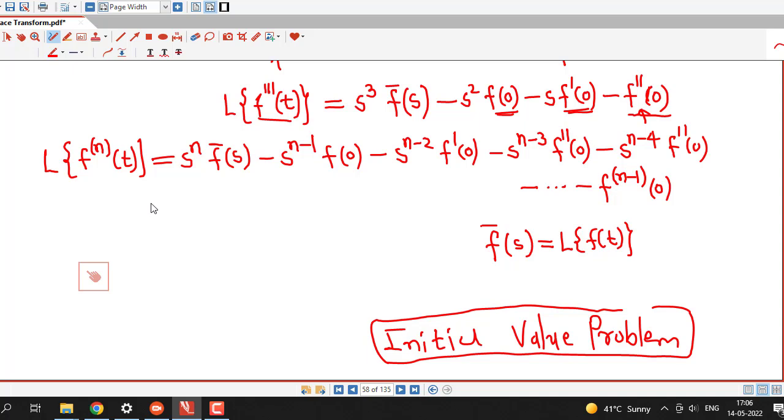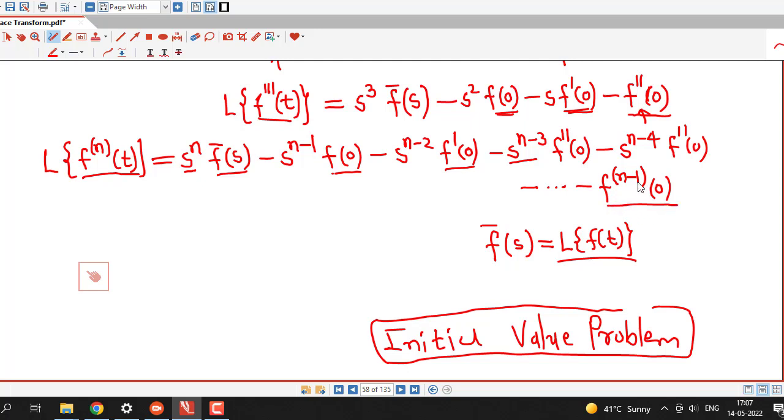So you should remember this formula, and here you should write that suppose our function is differentiable n times, and suppose the Laplace transform of f exists, then the Laplace transform of the nth order derivative of f is given by s raised to n times f bar s, which is the Laplace transform of f of t, minus s raised to n minus 1 times the value of the function f at t equal to 0, minus s raised to n minus 2 times the first derivative at t equal to 0, minus s raised to n minus 3 times the second derivative at t equal to 0, and so on.